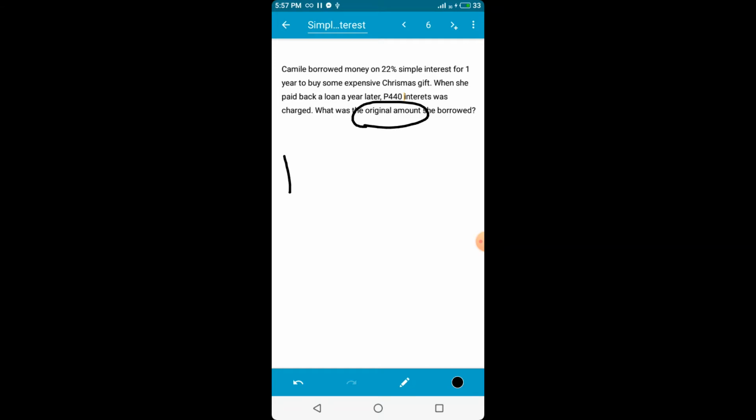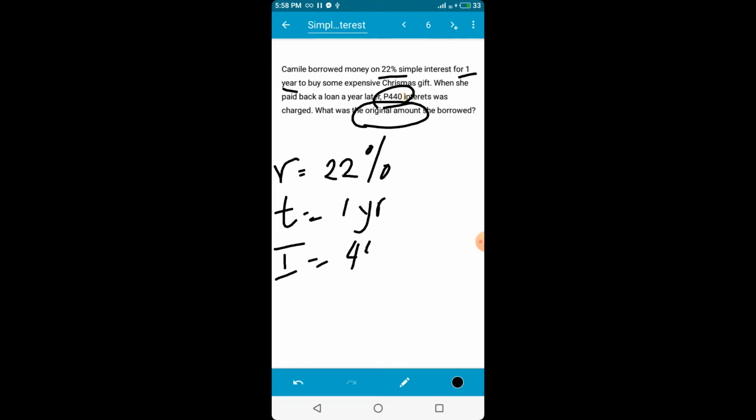Let's identify our given. First, we have 22%, so that is our rate. And then 1 year, that is our time. And then 440 pesos, and that is our interest amount. So the missing one is the principal.